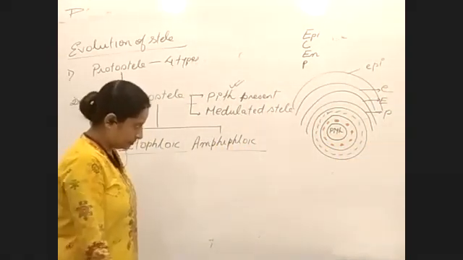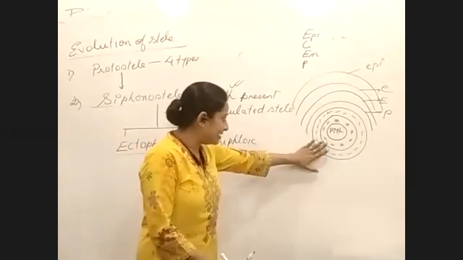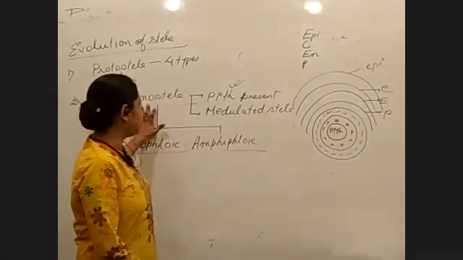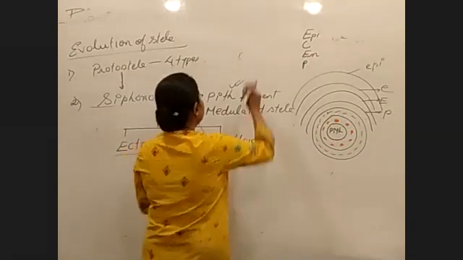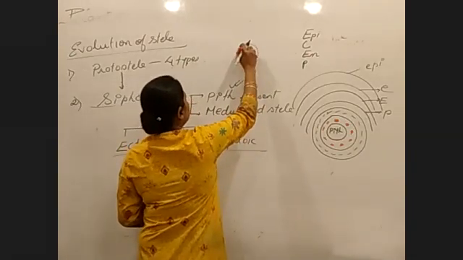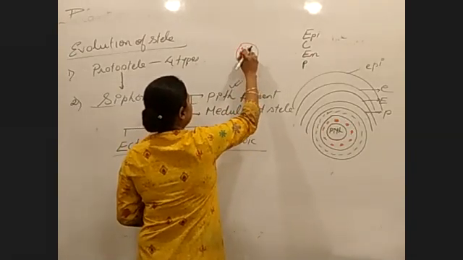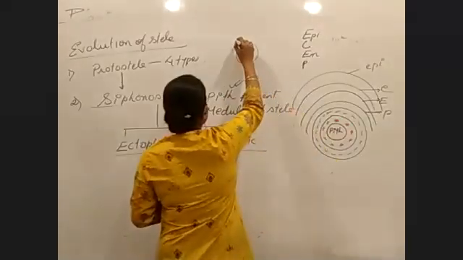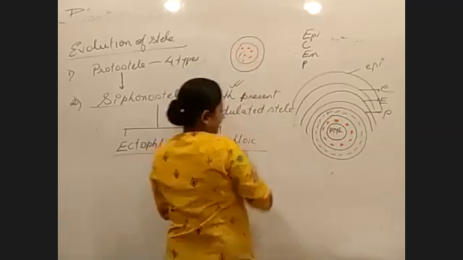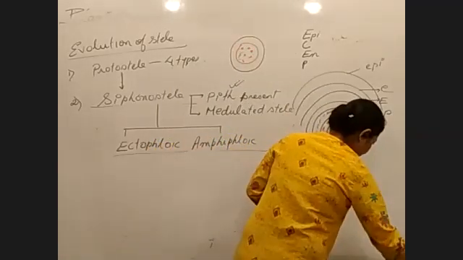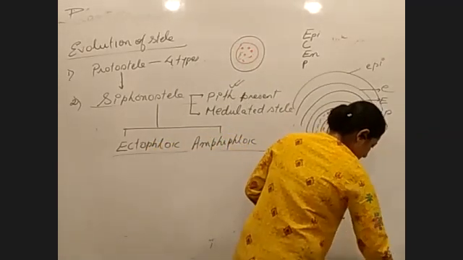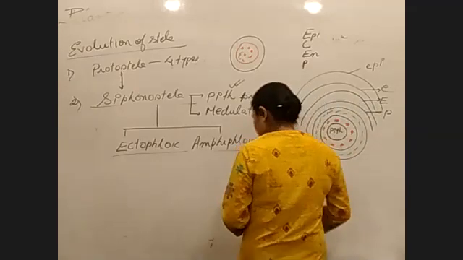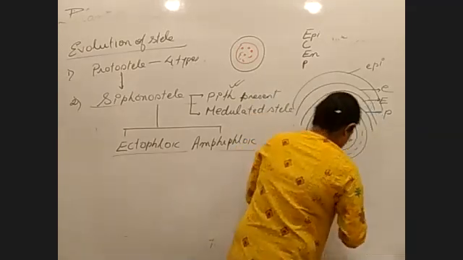Yes, ma'am. So this is the diagram of Siphonostele. In protostele, what was in the center-most portion? Pith was not there; the center-most portion was xylem, surrounded by phloem.